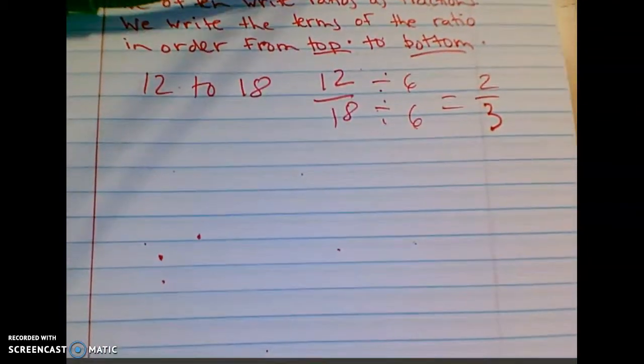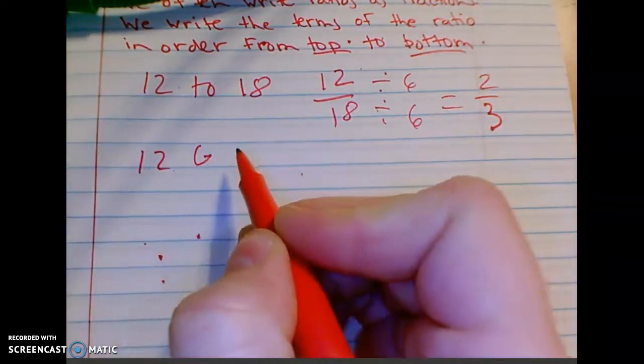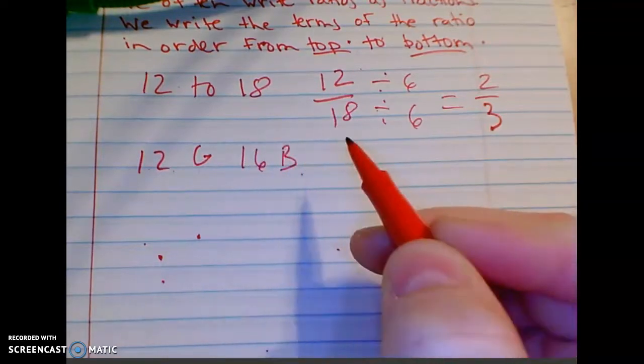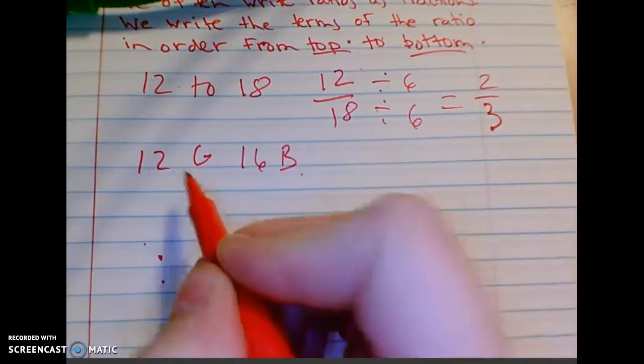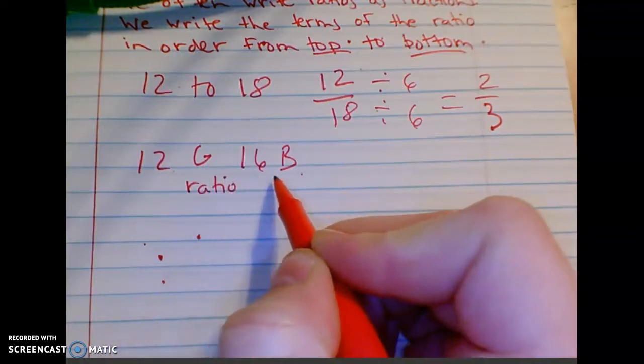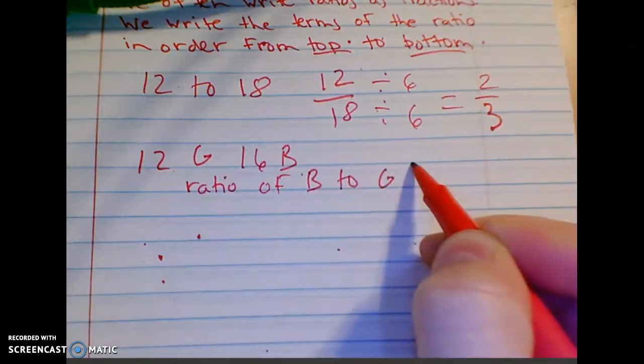So just a brief recap: ratios can be written as fractions, and you reduce ratios just like fractions, okay? Let's say that there are 12 girls, and I'll do a capital G for girls, and 16 boys in a class. And I want to know the ratio of boys to girls.